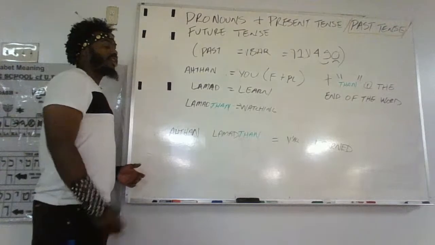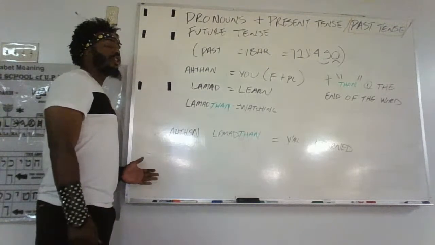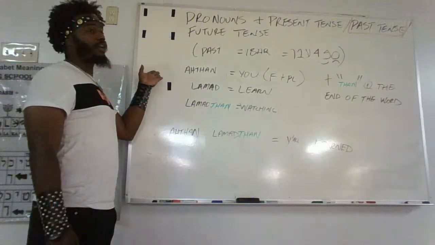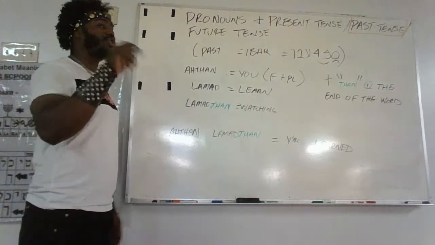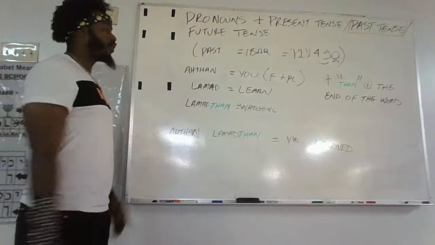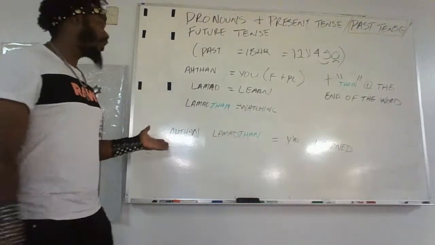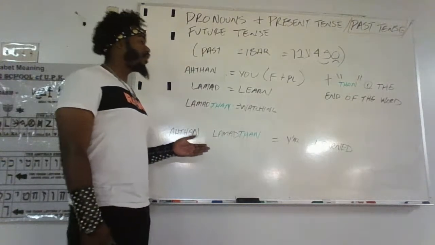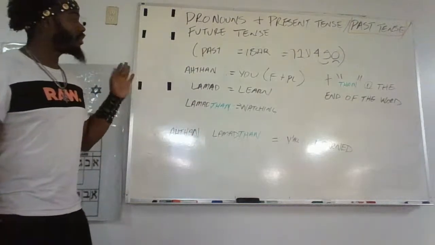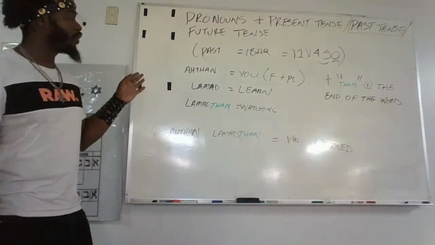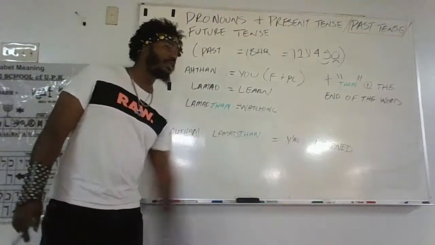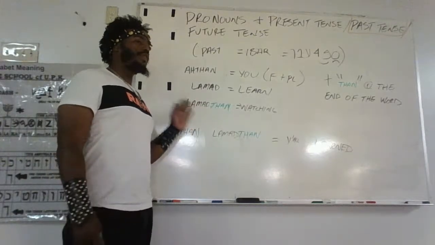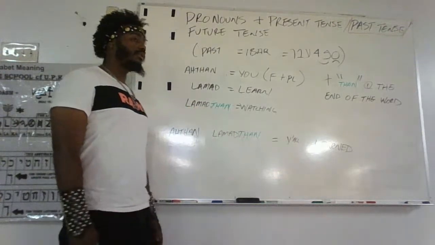So the good thing is when you're dealing with past tense, the pronoun used lets you know what to use at the end. When you're dealing with we, anaknoah, you'll put noah at the end. Lamadnoah. When you're dealing with the masculine plural form of you, atthem, which is y'all, you're going to put thum at the end: atthem, lamadthum.